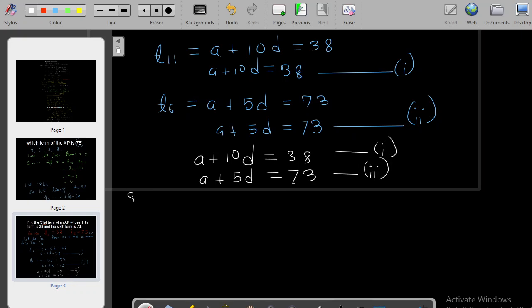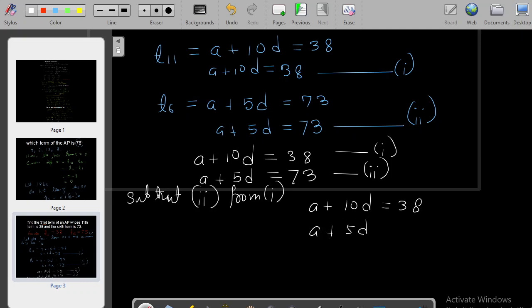Now, if we subtract equation 2 from equation 1, A plus 10D is 38 and A plus 5D is 73. We are changing the signs and this A gets cancelled.